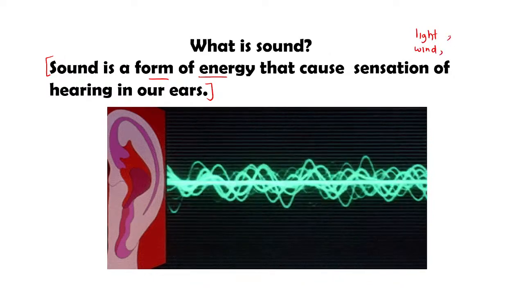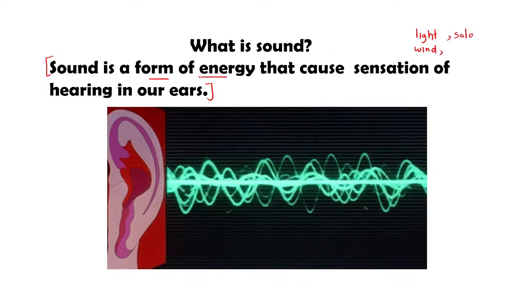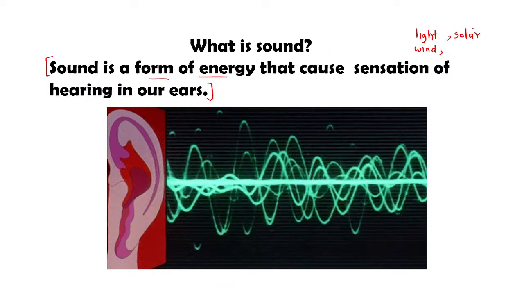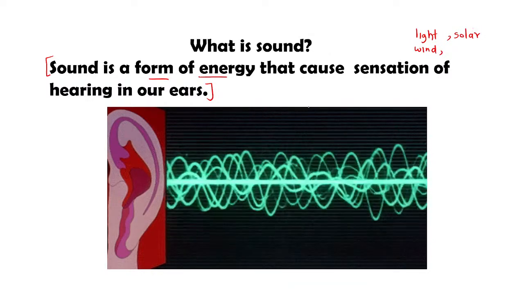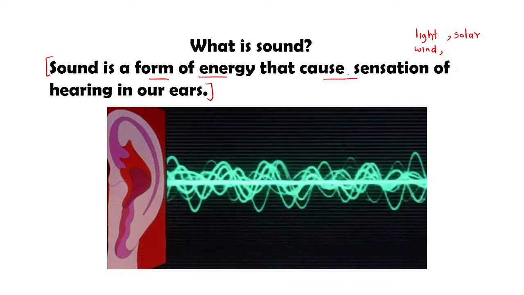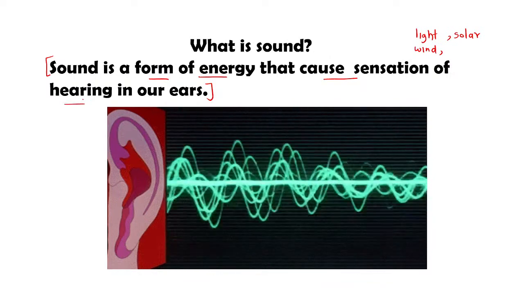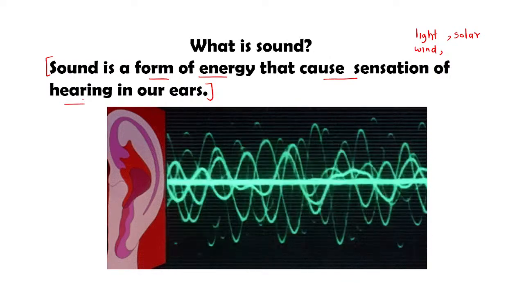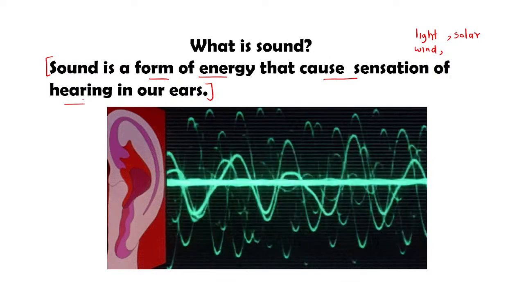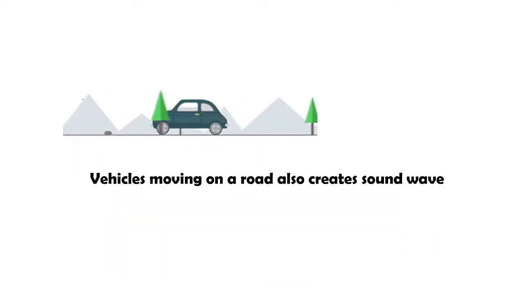All these are different types or forms of energy. So sound is also a type of energy that causes sensation of hearing in our ear. So simply we can define anything we hear, we are going to call it as sound.